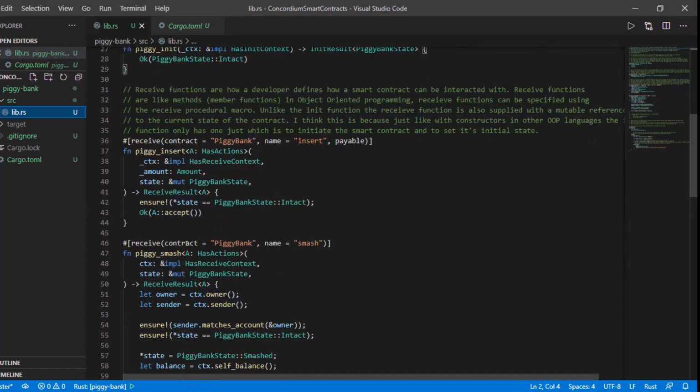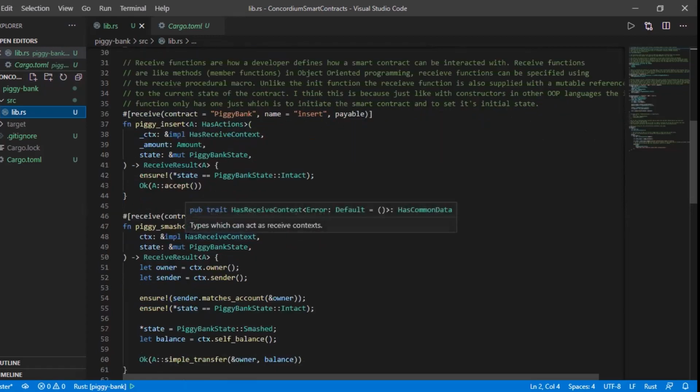So this insert function is basically, in a nutshell, what allows a user on chain to insert GTU into the piggy bank. We have a second receive function, which is again similar to a method, for the piggy bank being smashed.